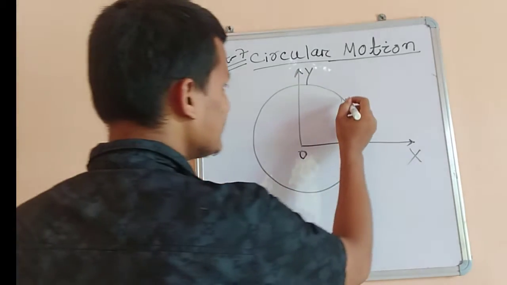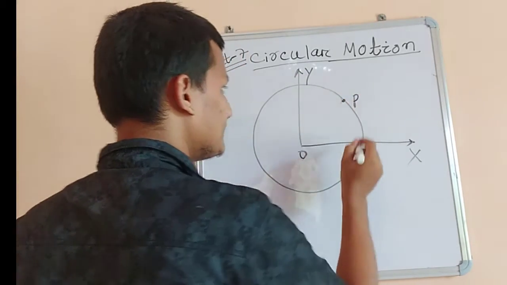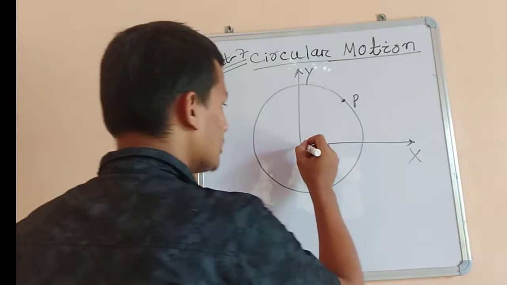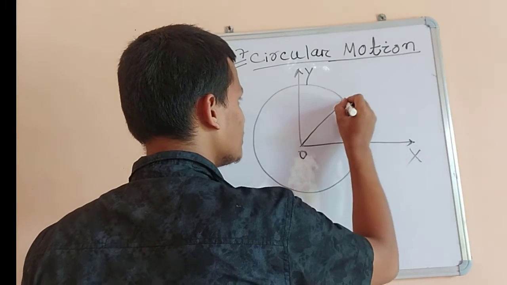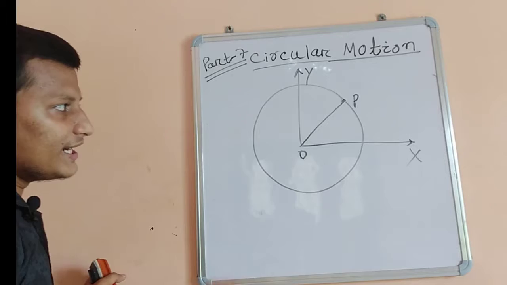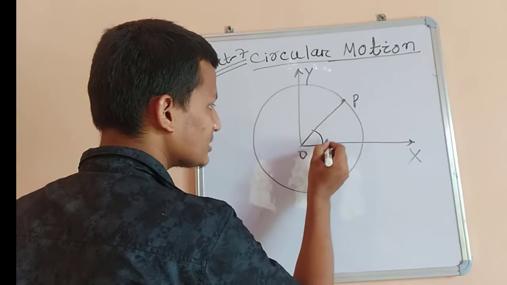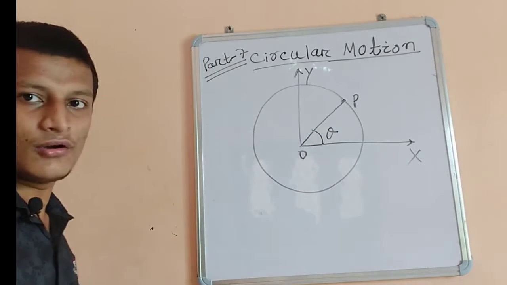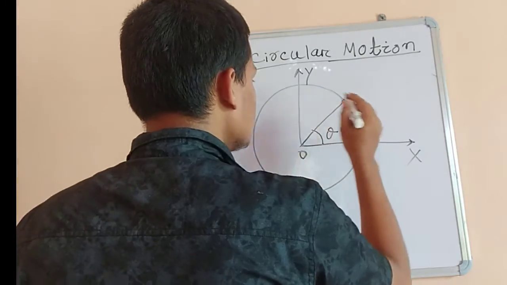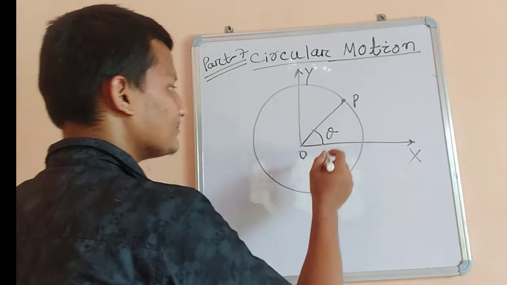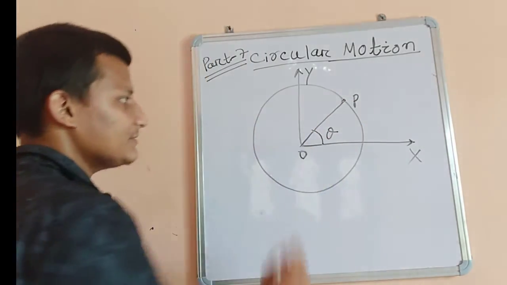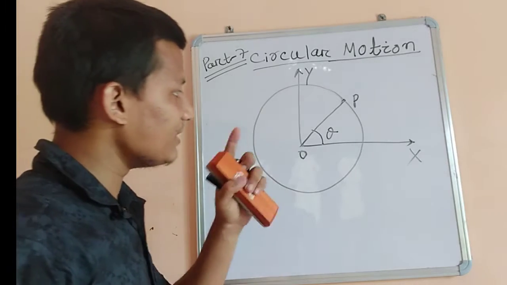Suppose my particle is at point P. Then the line joining O to P is our radius, and the radius makes angle theta with respect to the positive x-axis.